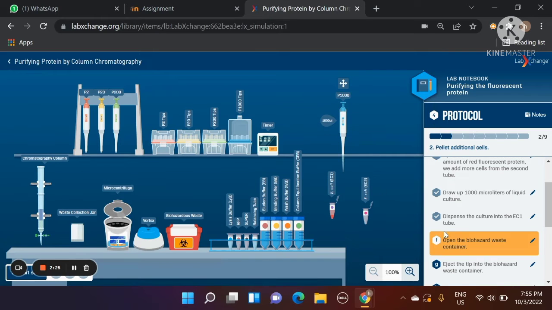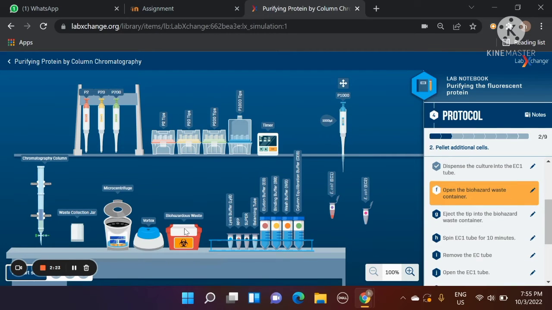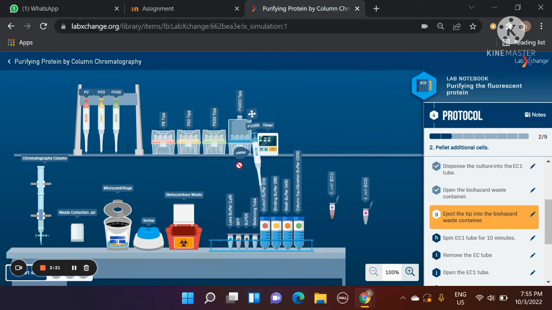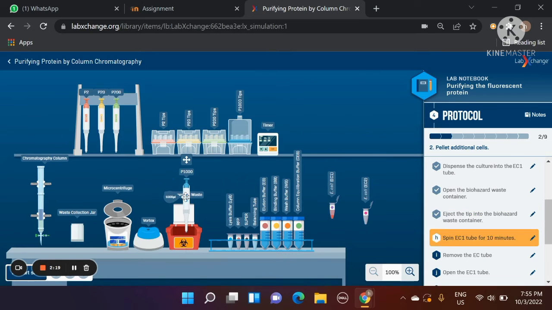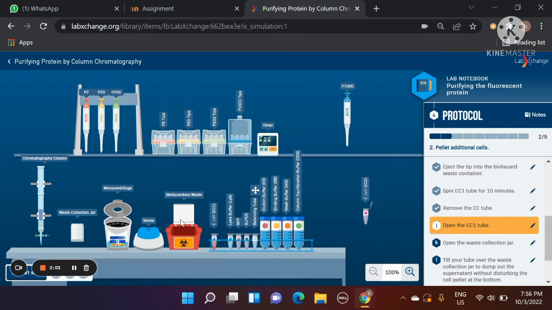Okay, it is filled and ready. Then open the biohazardous waste and eject the tip. Afterwards, close the lid. Then put the tube in the microcentrifuge for 10 minutes again.